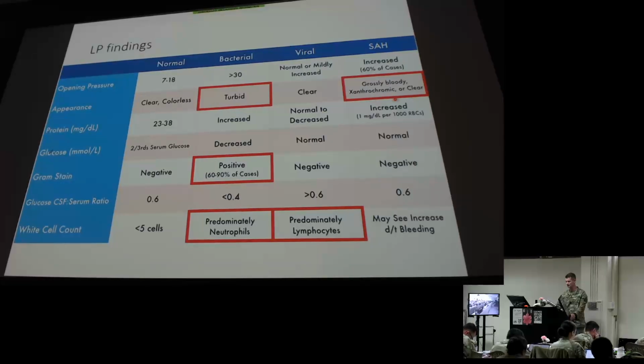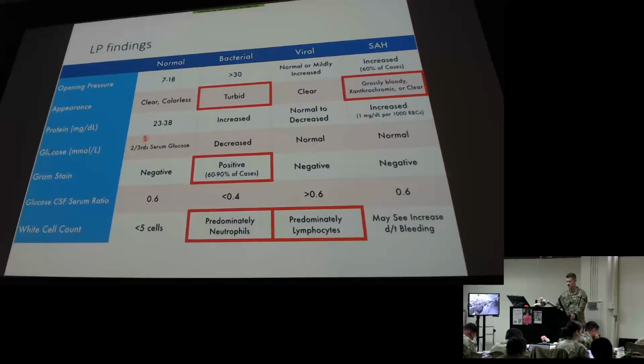And then xanthochromic, does anyone know what that means? That means there's blood inside the cerebrospinal fluid. When they look at it, they see blood. That can be a traumatic tap, or that can be due to subarachnoid hemorrhage. So it's just a fancy word for bloody within the spinal tap.